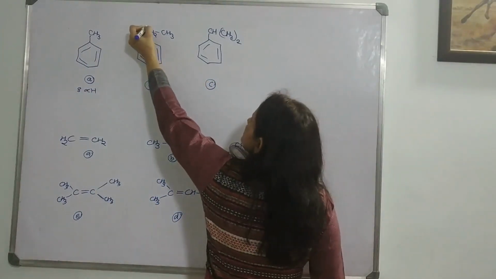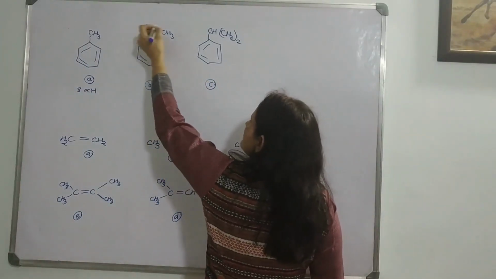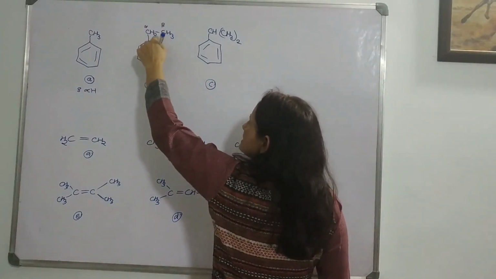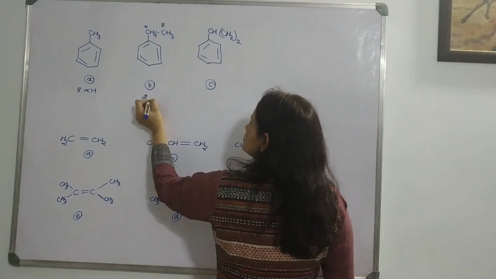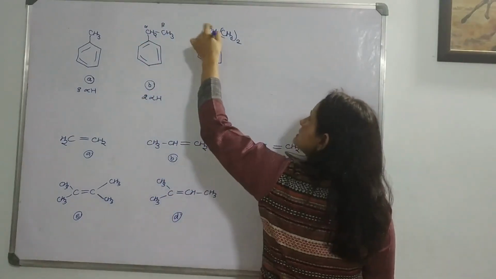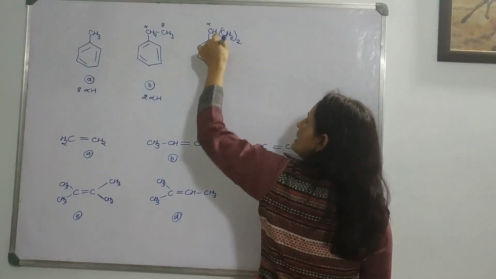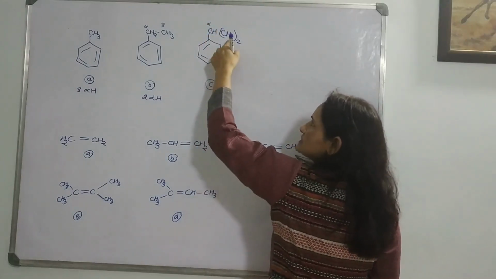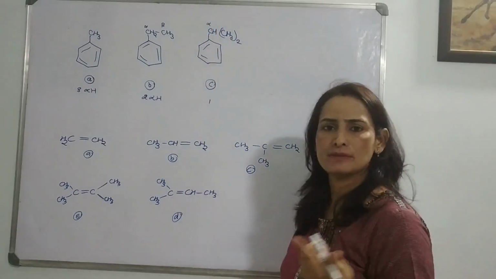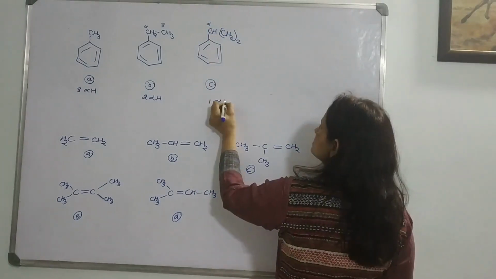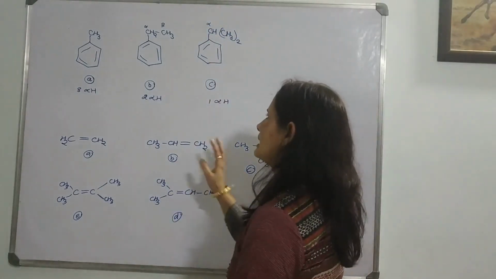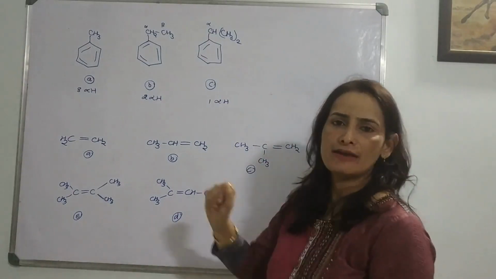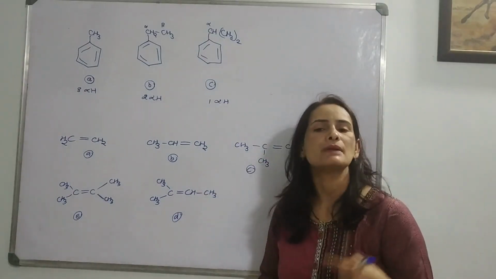Here, with respect to the ring or with respect to this double bond, this is alpha, this is beta, it is having only 2 alpha hydrogens. This one is having only 1 alpha hydrogen, because these 2 positions of methyl will be beta positions, not for the use of hyperconjugation. Now, one more thing, we have learned that an alkyl group is a plus I group.